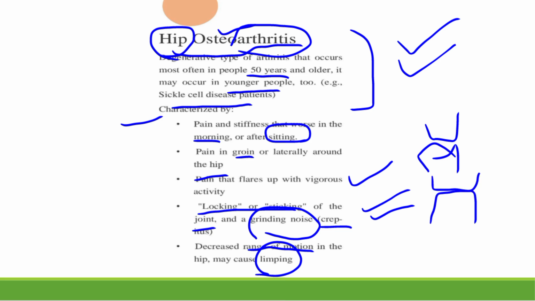When the patient moves his leg, grinding noise is also heard. Decreased range of motion in the hip is also characteristic, because the joint space becomes less. Always remember, in this condition the muscles become weak.